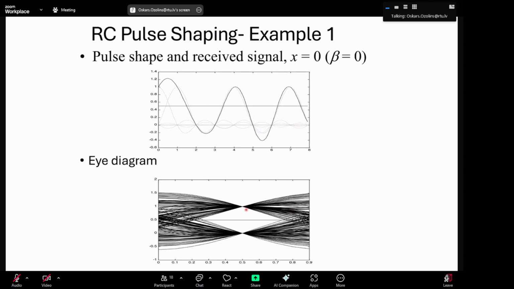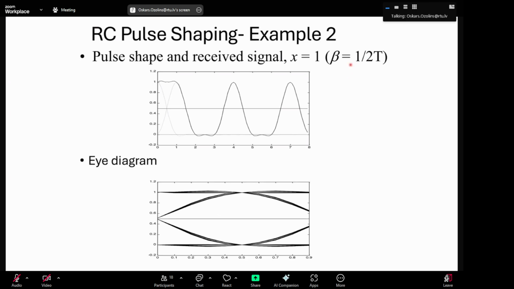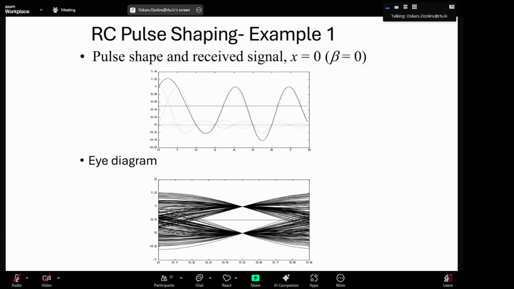This pulse shaping is used when you have a limited system bandwidth, and then you are more tolerant to timing errors. If your beta is, for example, 1/2 of a symbol period, you get this shape and this eye diagram opening. These are two very different cases.